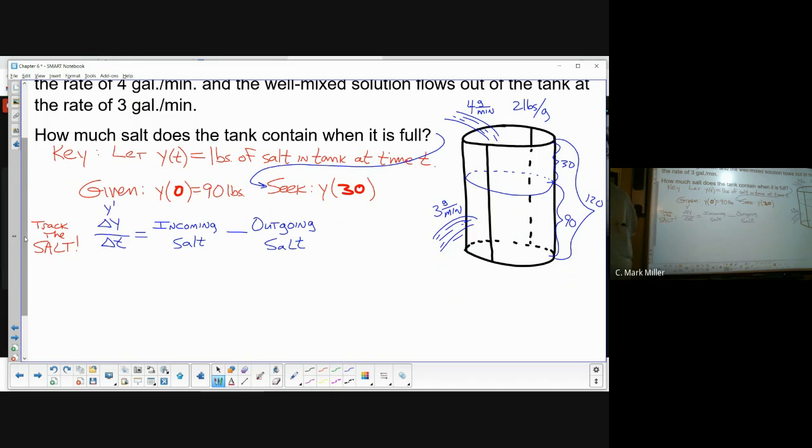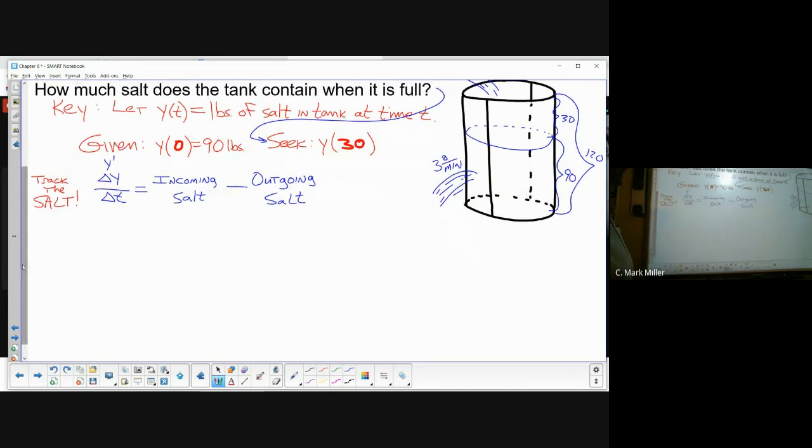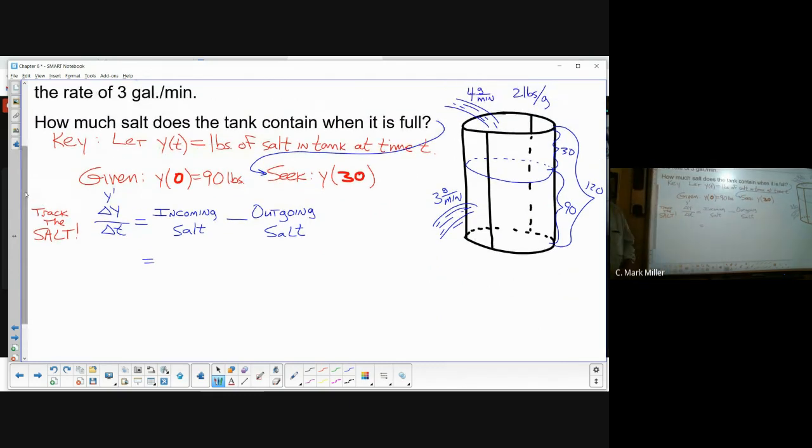Now, if you've had any physics or chemistry, that will come in handy now. How much salt is coming into the tank? Well, there are 2 pounds per gallon.